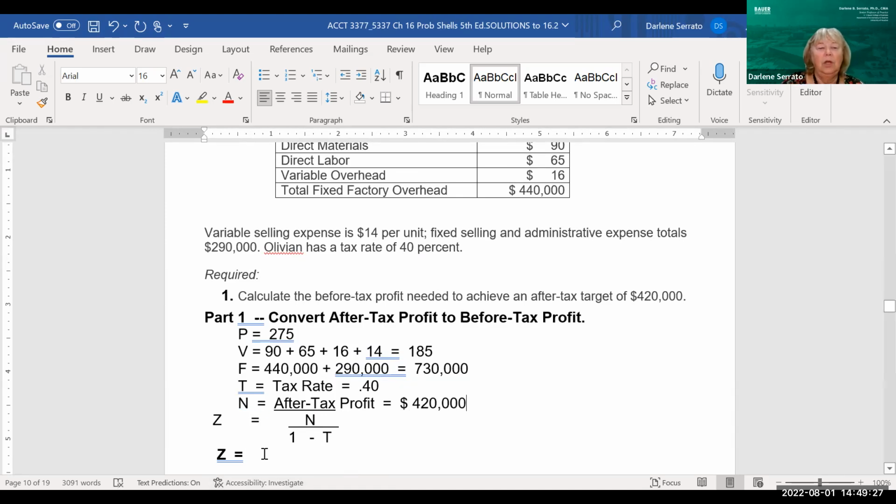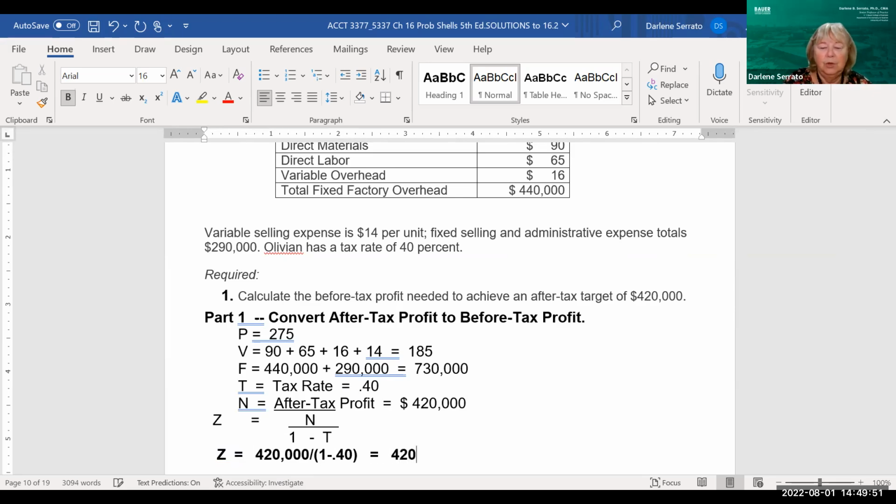So we're going to convert the N into Z. N is 420,000 divided by 1 minus 0.40.